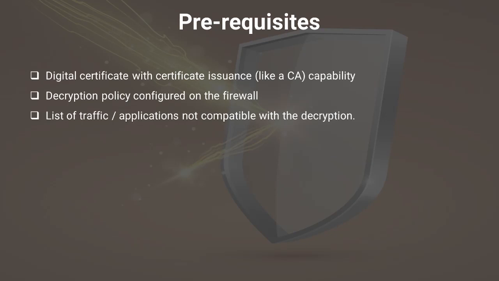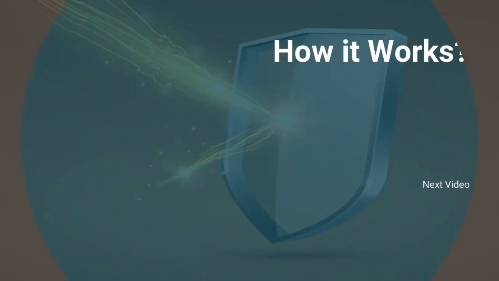So you need to be aware of these applications, or you will face complaints from your end clients about applications that stopped working, and then you will have to resolve these issues when you launch decryption on the production traffic. So it might be wise to get this list up front. But we will talk about why some applications are not compatible with decryption later.